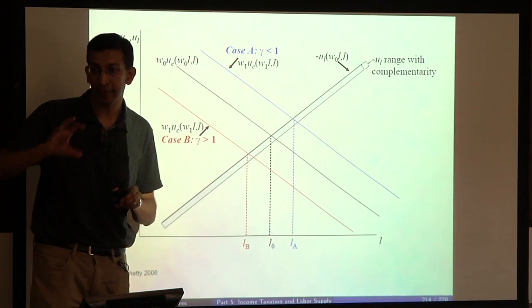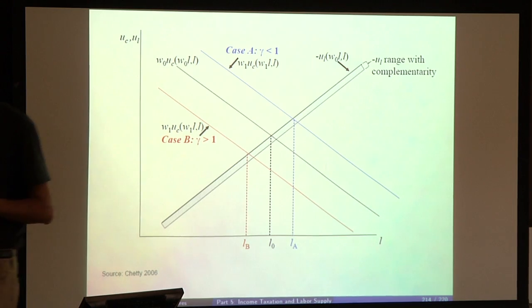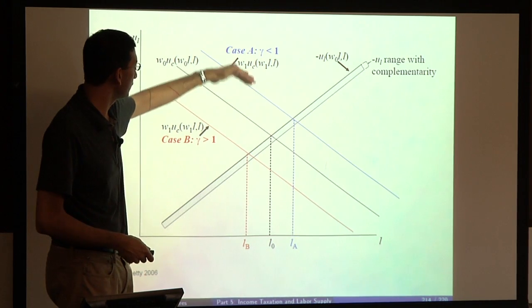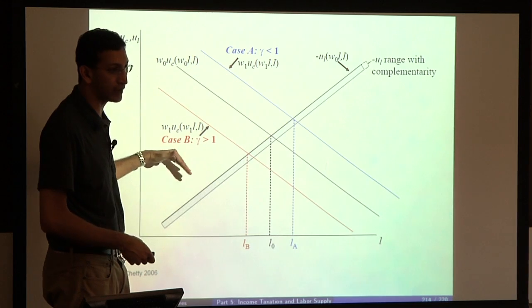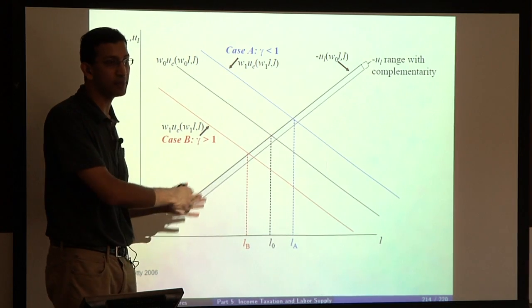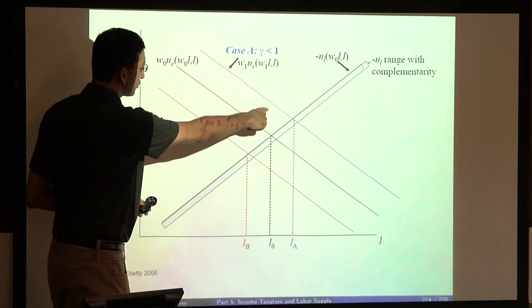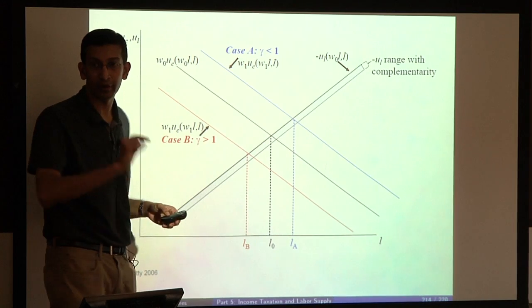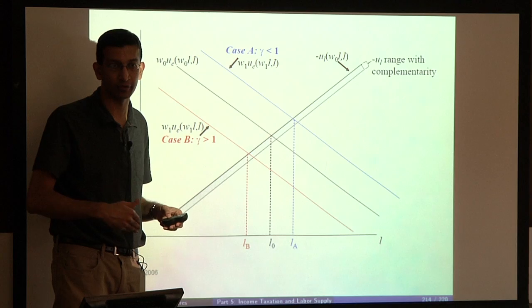Gamma measures the impact of increases in income on the marginal utility of consumption. So the income effect, the gamma effect, pulls you back this way. If gamma is above 1, you end up on the lower side here, where increasing the wage ends up reducing your labor supply.